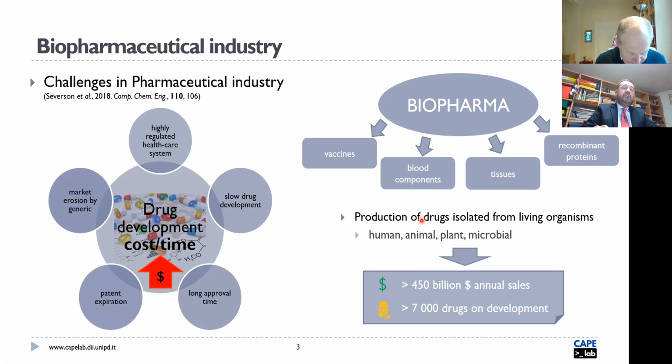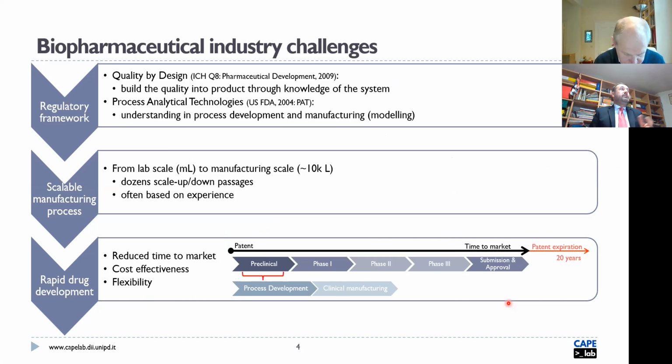The biopharma sector is increasing its importance. They are increasing their revenues with very important annual sales, and currently more than 7,000 drugs are in development. The challenges in the development of a biopharmaceutical product are related to the strict regulatory framework.